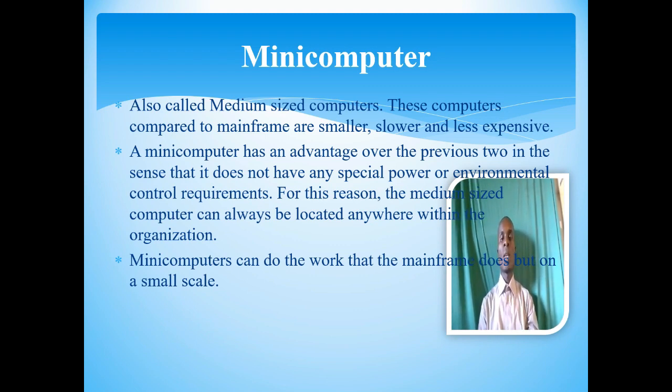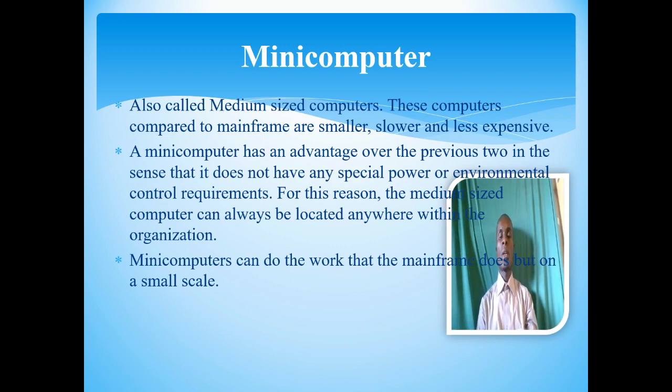The minicomputer has an advantage over the previous two, that is the supercomputers and the mainframe computers, since it does not have any special power or environment control requirement. For this reason, the medium-sized computer can be located anywhere within the organization. The minicomputer can do the work that the mainframe does, but on a small scale. You have a picture of it, you can have a look at it.